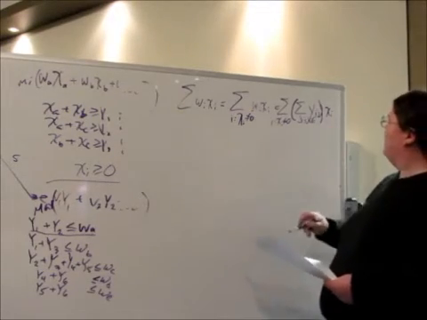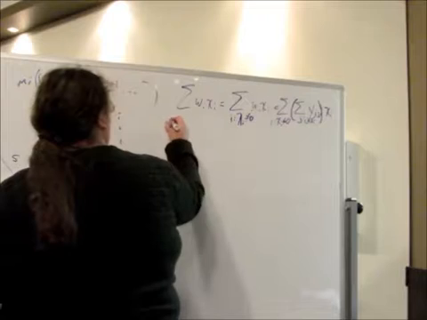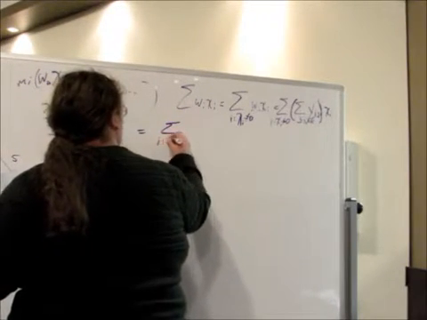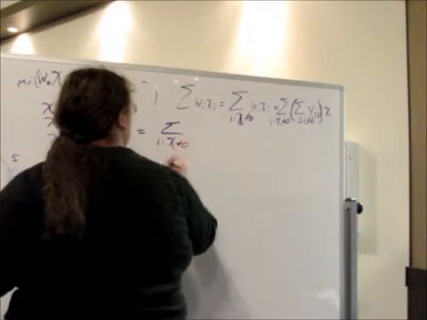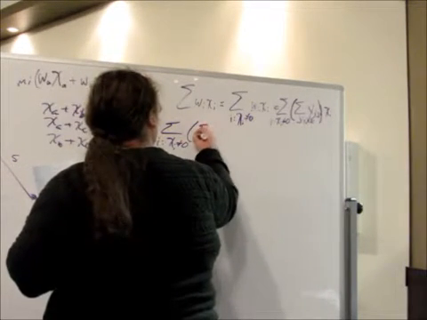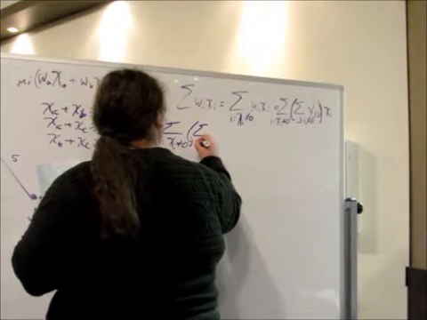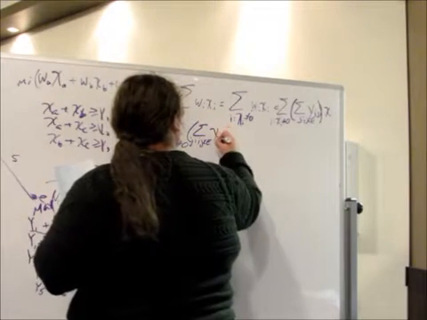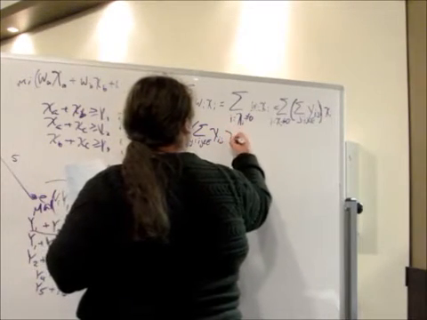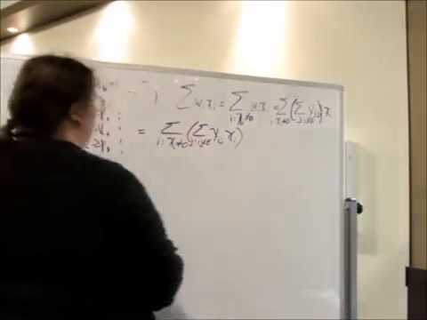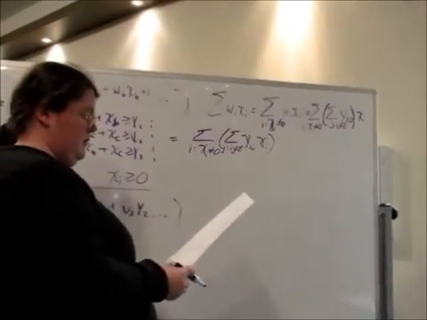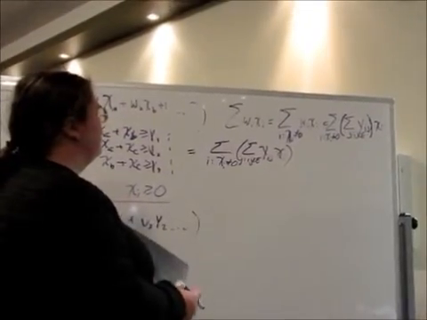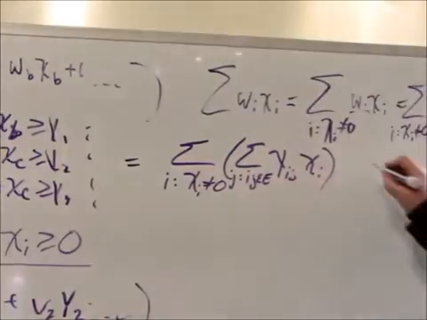Seems fair. All right, I'm just going to bring xi into the sum, such that xi is not 0, sum over j such that ij is an element of the edges. Just brought xi inside the sum. That's something I could do. And now I'm going to rephrase what this sum is a little bit, so it's a little clearer what's going on.